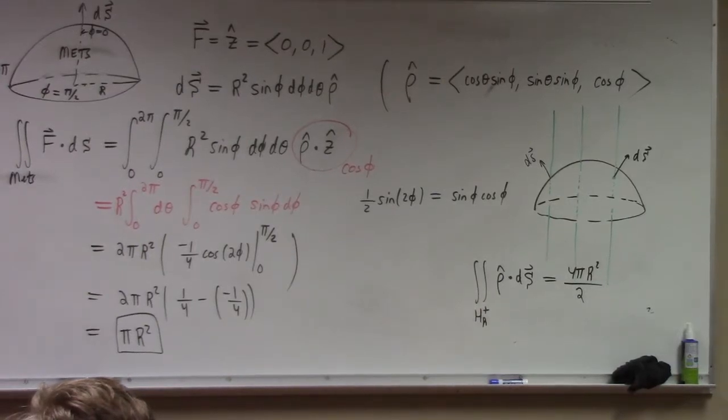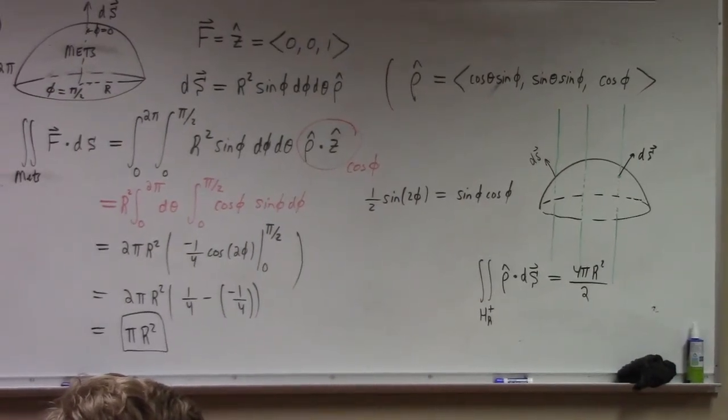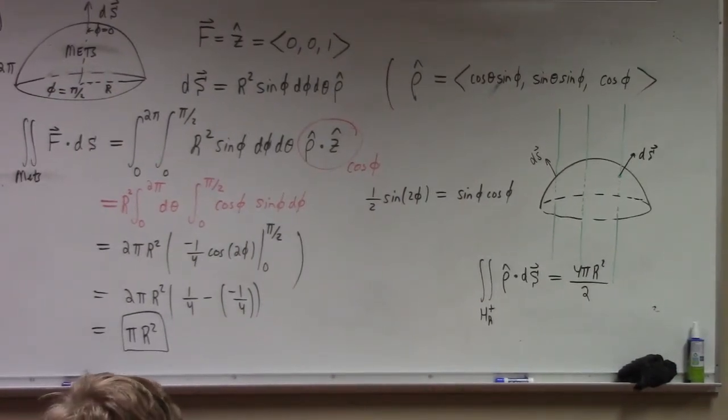For every part of the surface that's pointing to the left or to the right, there's a left part, there's a right part, those cancel out in the integration. There's a back, there's a front part, those cancel out in the integration. What remains is the z part of the flux. That's the only part which is not canceled out as you sum around the sphere.